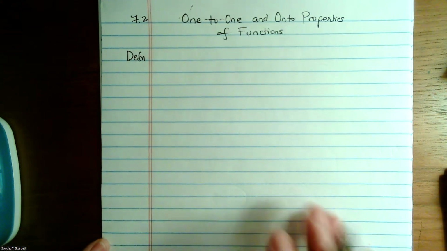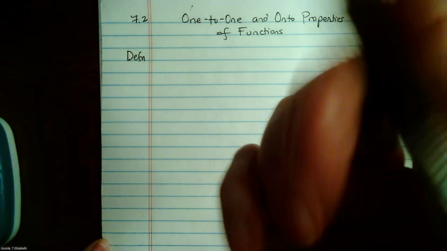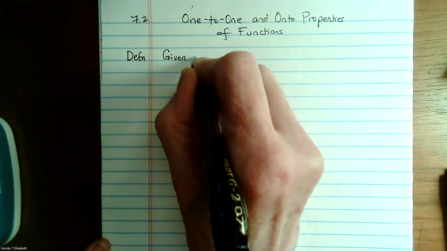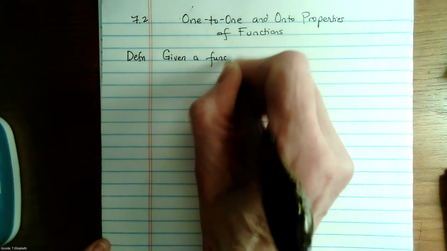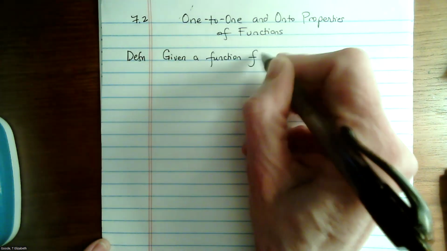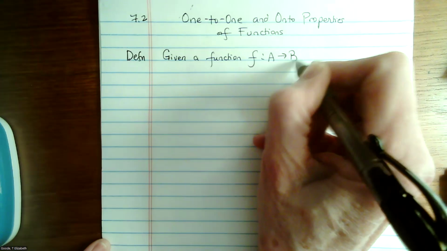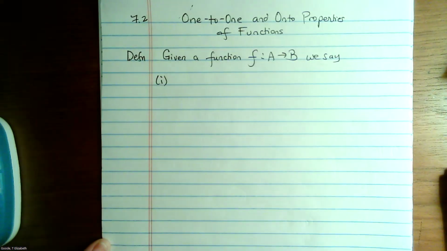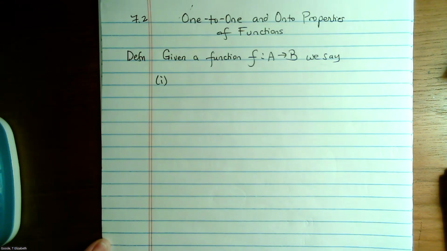And we're going to try to understand it from as many points of view as we can, including pictures. Given a function f from A to B, what do we say? We say 1. f is onto, and we're talking about being onto B.